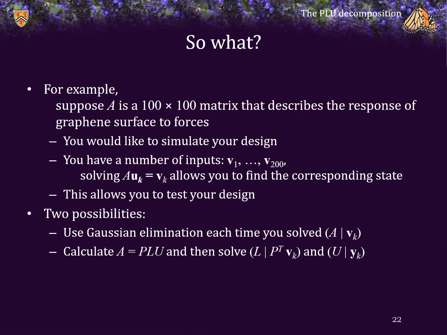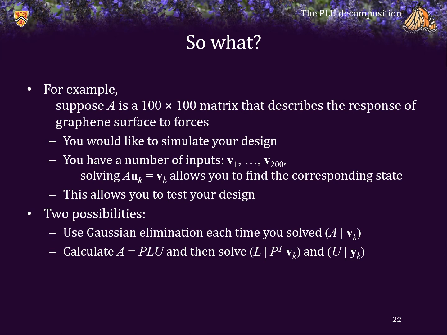of the 200 inputs, we would first use forward substitution to solve L times P transpose times our input vector V sub k, and we would solve that for an unknown vector Y sub k, and then we would solve the upper triangular matrix equaling this target vector using backward substitution.